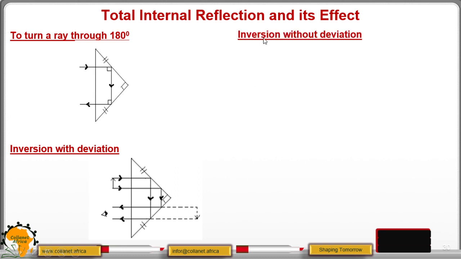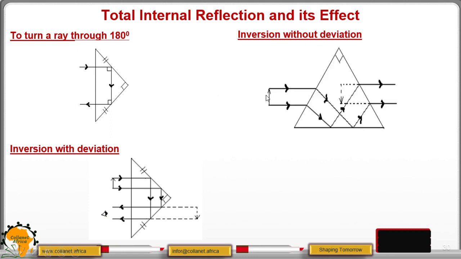But we can have inversion without deviation. This one has a deviation. We can have inversion without deviation when we place our isosceles prism in this case. So we have an object, and a ray is coming from this direction. At this particular point, it is refracted. As you can see, there is bending.